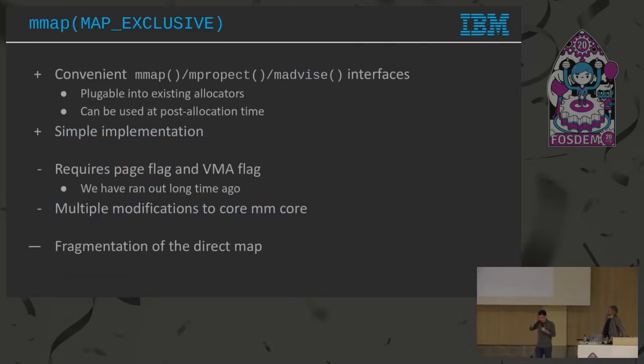The pros were that it was relatively simple, at least our submission was about 200 lines of difference. It can be easily plugged into existing user space allocators, and it can be easily plugged into existing applications with madvise, mprotect and such.